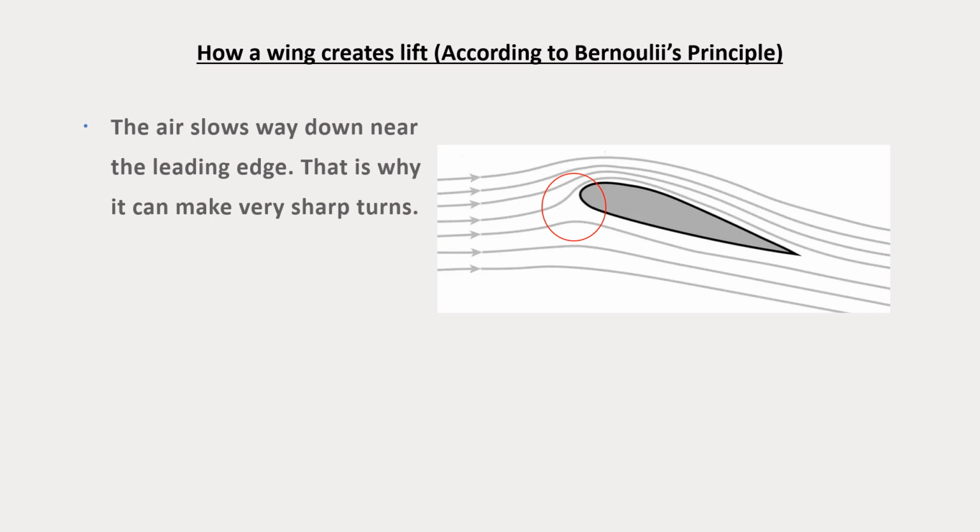It needs to come to a very slow speed because it's going to make a very sharp turn, and the air can't make sharp turns when it's moving really fast. So the speed of the air right in this region is almost zero.